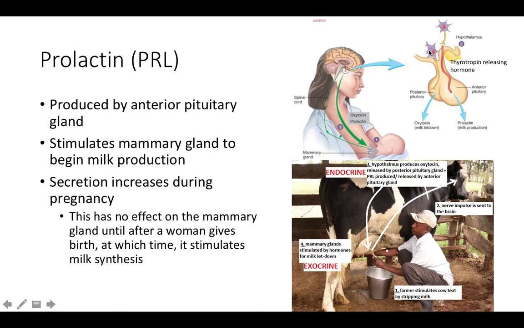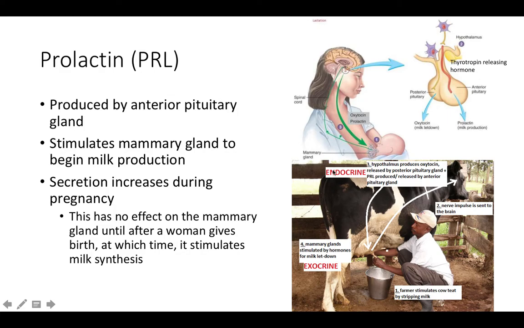Okay, so this cell here is going to start producing oxytocin and send it down here into the posterior pituitary. And also, the hypothalamus is going to be stimulated to release thyrotropin releasing hormone. That travels through the blood to the anterior pituitary gland, and as a result, we get release of prolactin. That prolactin travels in conjunction with the oxytocin back down through the blood to the mammary gland, and the mammary gland is stimulated for milk letdown.